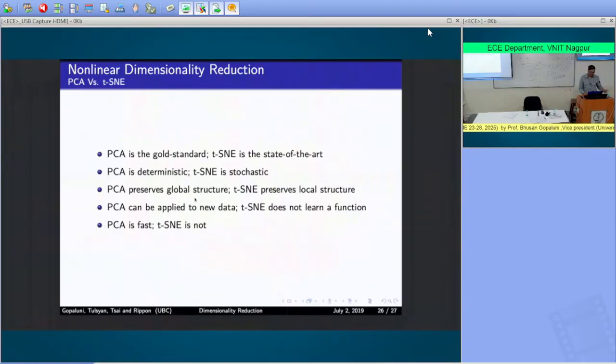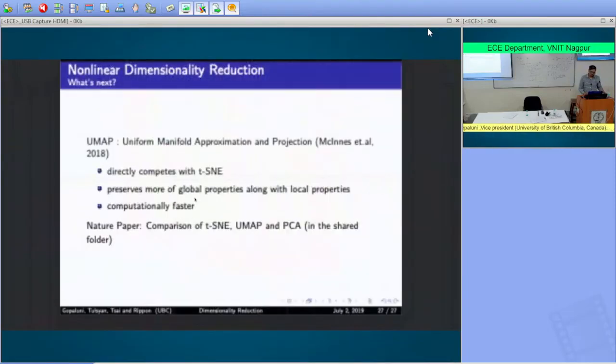PCA is fast. TSNE can be a bit slower than PCA. And finally, UMAP, it's called Uniform Manifold Approximation and Projection. That's also a very powerful dimensionality reduction tool. We've tried both TSNE and UMAP.